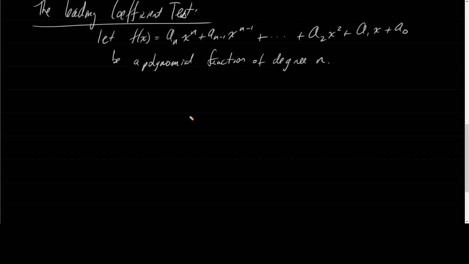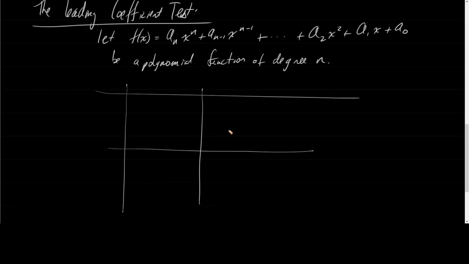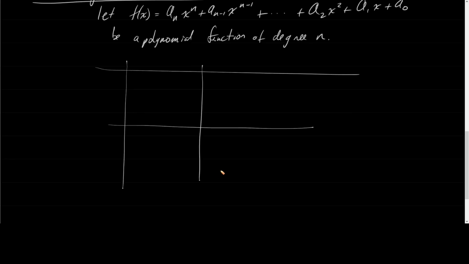We've got a couple of scenarios, all right, and I will do them this way. So the scenarios are as follows. If n is odd, we're going to have some specific scenarios.